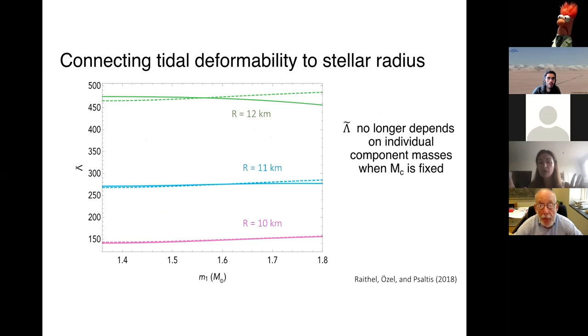So when you do the expansion of lambda tilde, there is a quadratic dependence on 1 minus Q with a very small coefficient up front, but there is definitely a dependence on the chirp mass. I don't think I have the full expression here, but it's in Raithel et al. Thank you. Okay, Wolfgang's next.